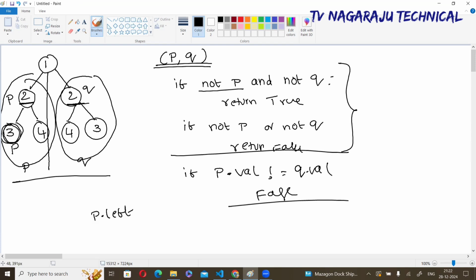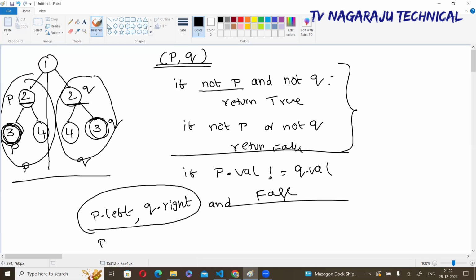Now Q moves to the right side. In the next iteration, I am checking these two values, that is the left side of P is equal to the right side of Q.